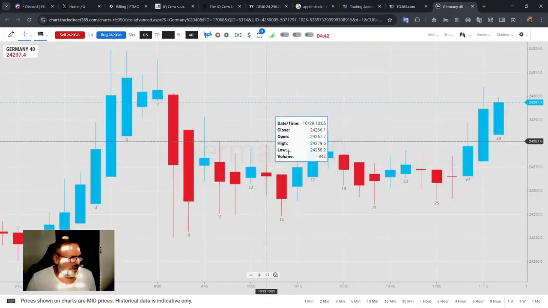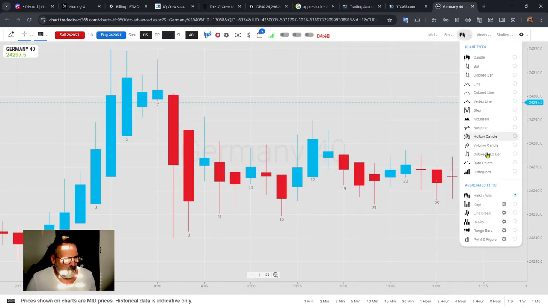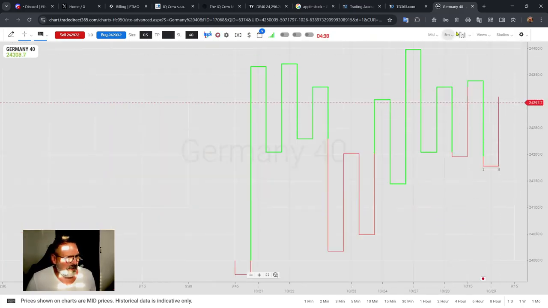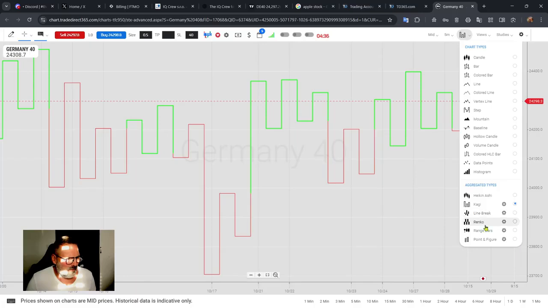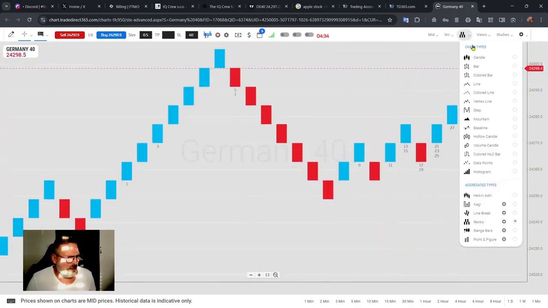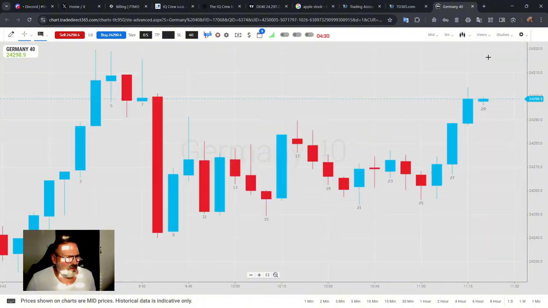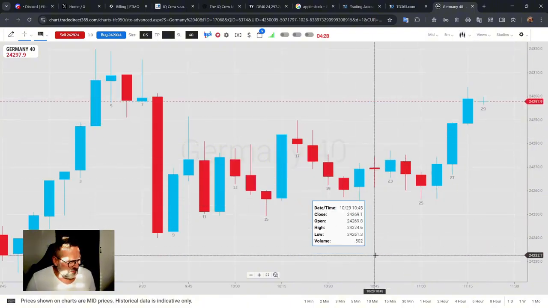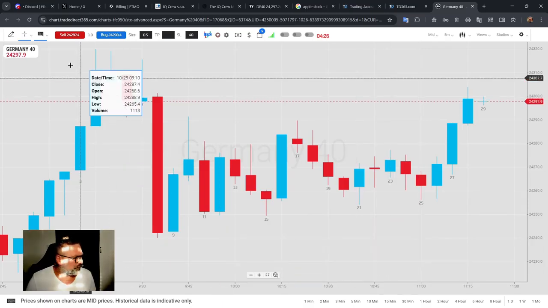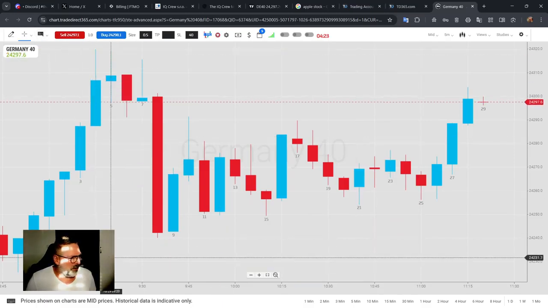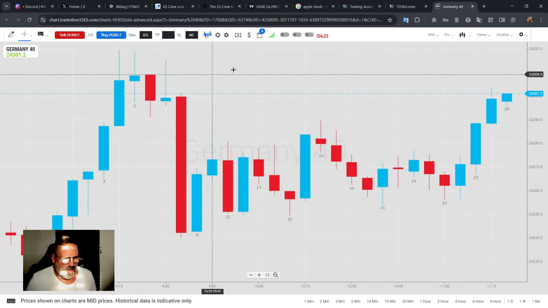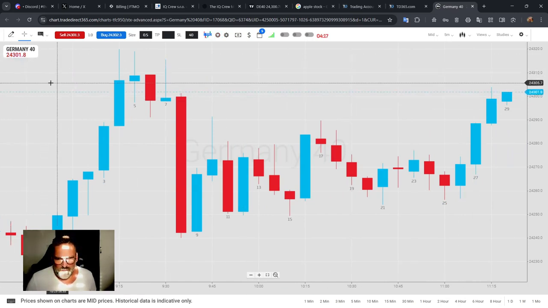Here is Heikin Ashi, Kagi, Renko. Yeah. But I just want to focus on candlesticks. So this here is a chart of the DAX, the German stock index, right?